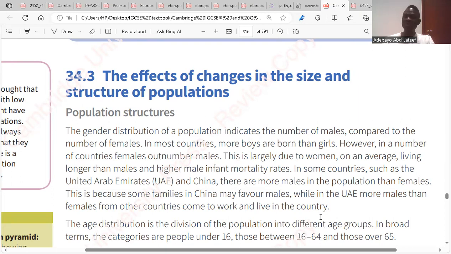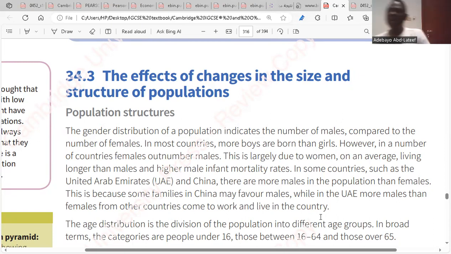However, in a number of countries, females outnumber males. This is largely due to women on average living longer than males and the high male infant mortality rates. In some countries, such as the United Arab Emirates and China, there are more males in the population than females. This is because some families in China may favor males, while in the UAE, more males than females from other countries come to work and live in that country.